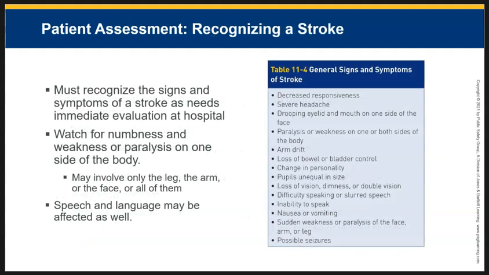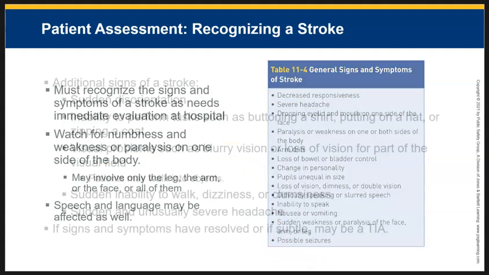For a stroke, you need to recognize that immediately and understand the patient needs further evaluation at a hospital. So we may see hemiparalysis, that is paralysis on only one side of the body. Speech and language could be affected as well. This is going to be alongside our decreased responsiveness or change in altered mental status.